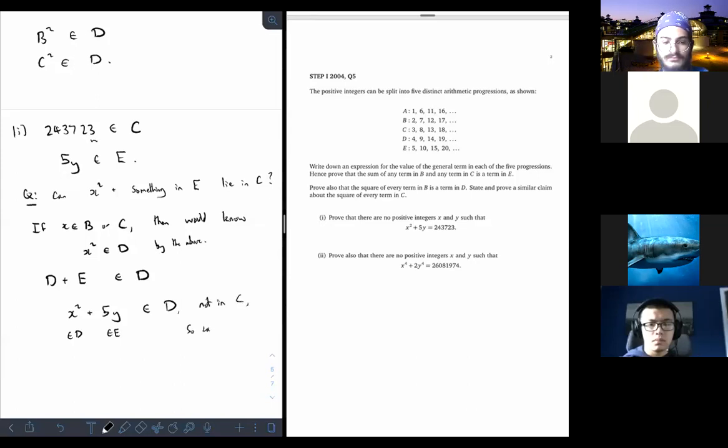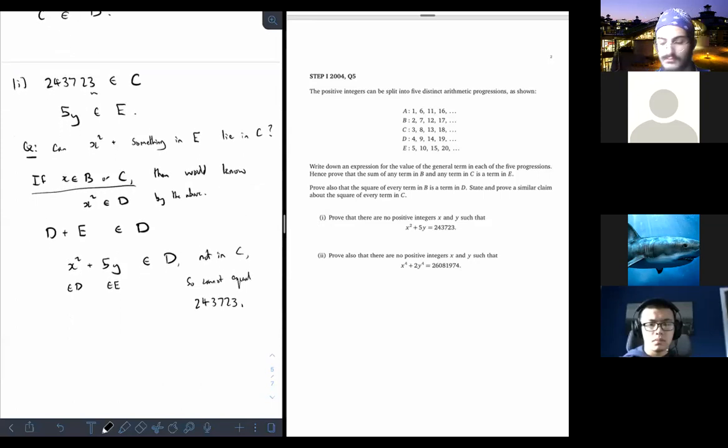So it cannot equal this big number, 243,723. So that was if x was in B or C. Similarly, you can show that if x is in A or D, then x squared is in fact in A again.